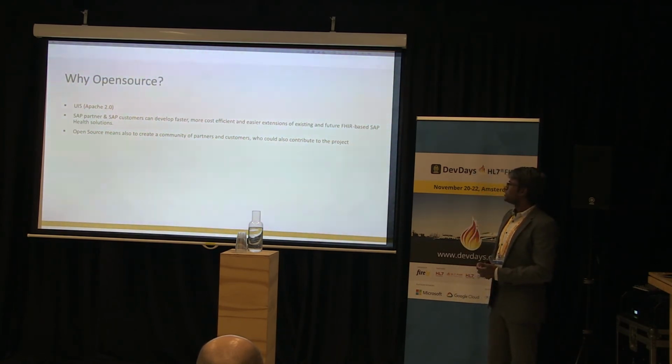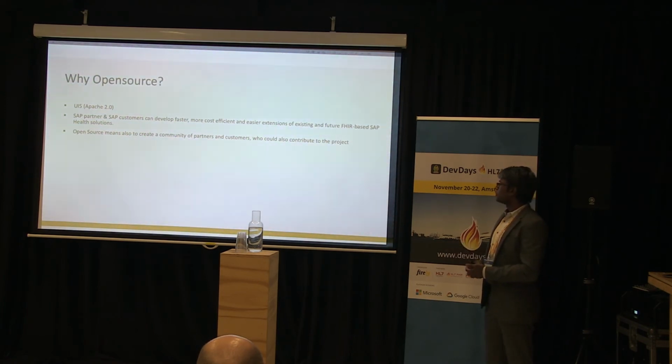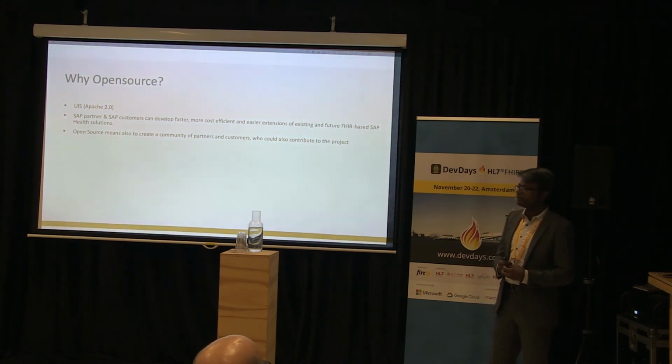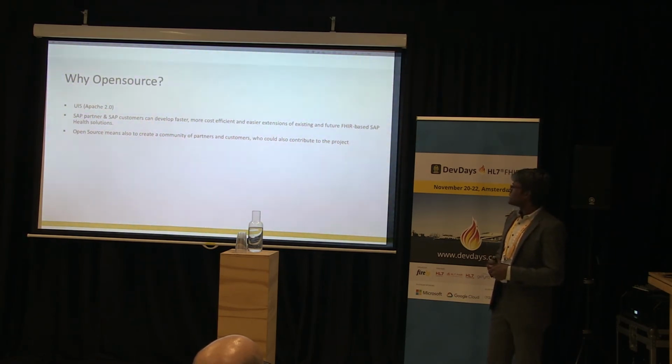And it's not only for partners and customers, but it also helps them build their solutions in a more cost-effective manner, and enables them, if needed, to extend our own FHIR-based SAP healthcare solutions in future. And as we are building a community of partners and customers, we can leverage our strengths and build things together.